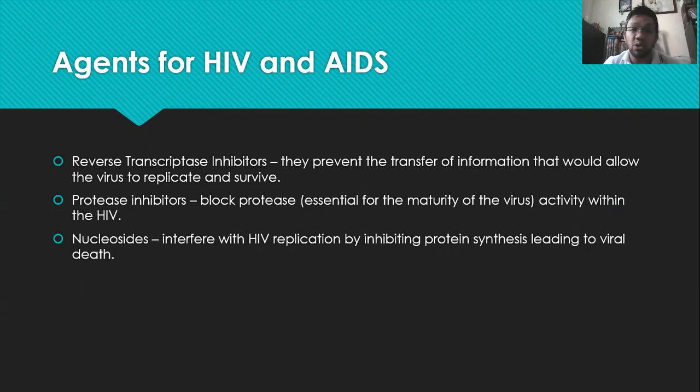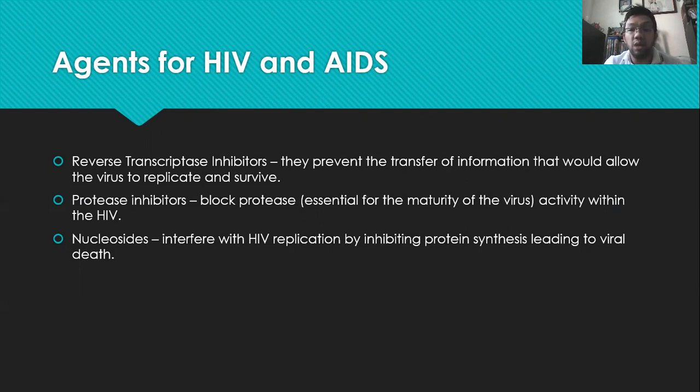We have the reverse transcriptase inhibitors. They prevent the transfer of information that would allow the virus to replicate and survive, so they prevent the reproduction of the virus. The protease inhibitors block the enzyme protease, which is essential for the maturity of the virus and activity within the HIV as well.